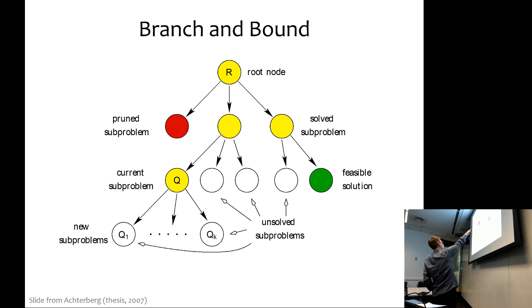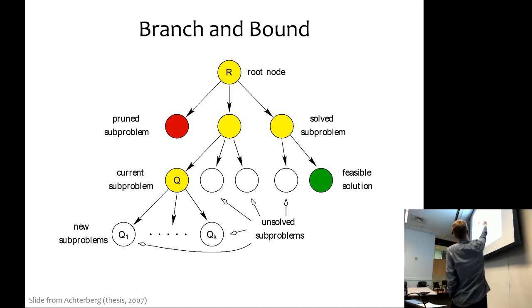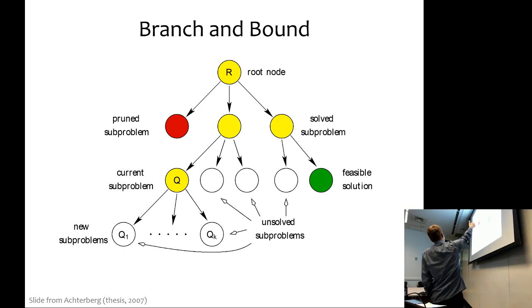And the green node is a feasible solution, meaning that we actually found an integer solution to the original ILP. And so when we have a pruned subproblem, that must have meant that we found some point along the way which had a better score than the upper bound for that subtree.